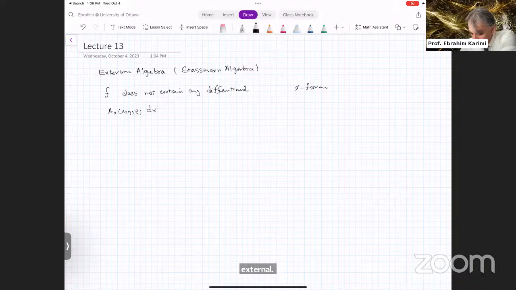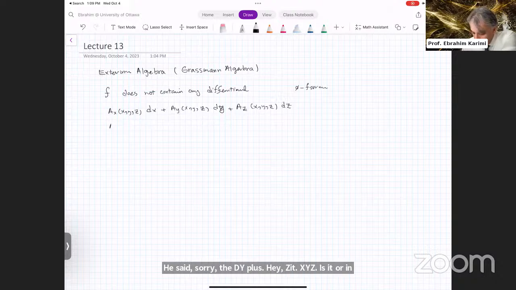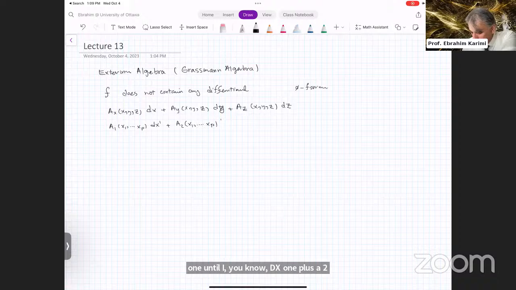In the general way, we call it a1, which can be a function of x1 until xp, dx1, plus a2(x1, ..., xp) dx2, and so on until ap(x1, ..., xp) dxp.